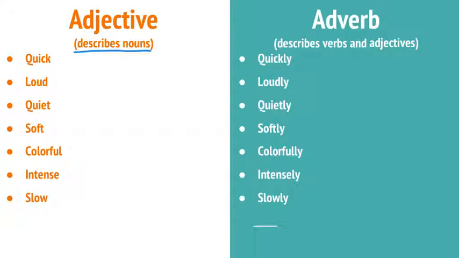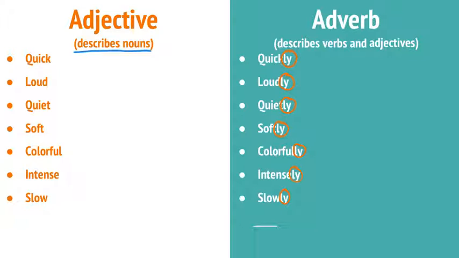Now, one thing that we can use to help identify adverbs or even form adverbs from adjectives that we know is that we are recurringly adding this ly to the end of all of those adjective words from the other side.